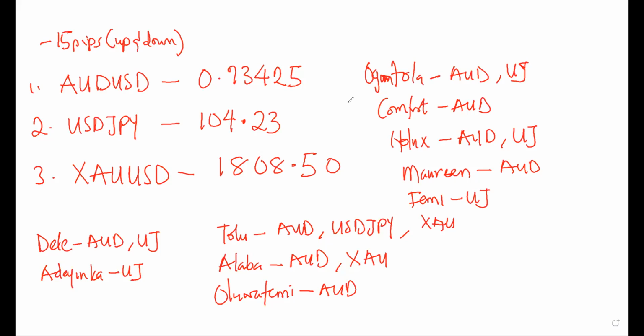Adeyinka, I'm sure you wanted to write XAU. You only gave the number, but I can see that it's good. Maureen, UJ done. Comfort, UJ done. Michael, AUD done.